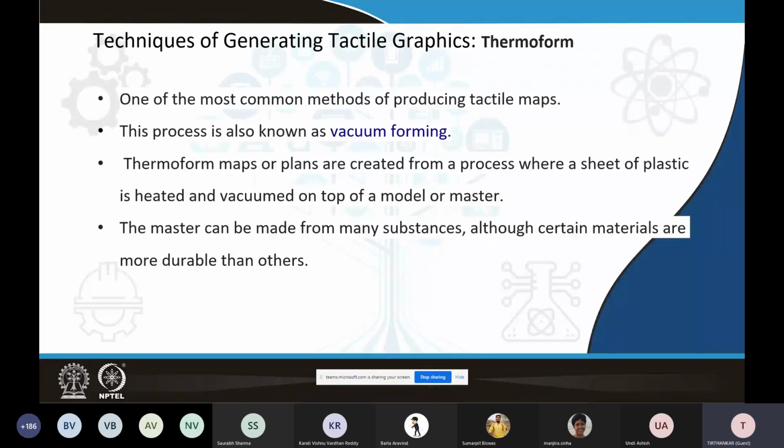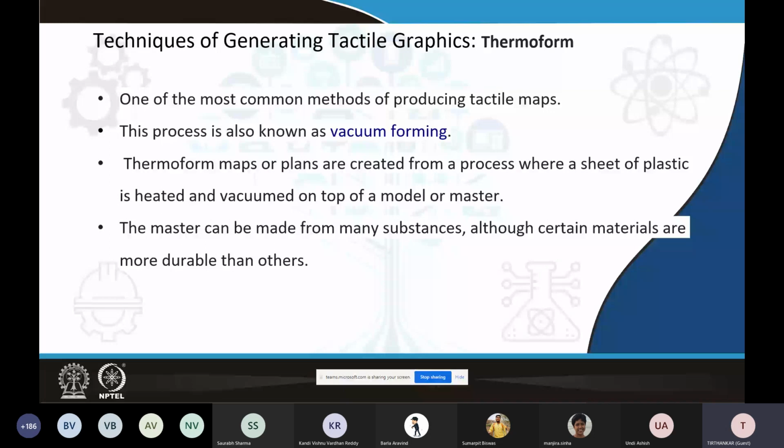Apart from that, there is another technique which is typically used to construct even complex images like Google Maps, or a particular picture, a scenery, and so on. This technique is known as vacuum forming, which takes low cost polymer sheets and uses heat technology.